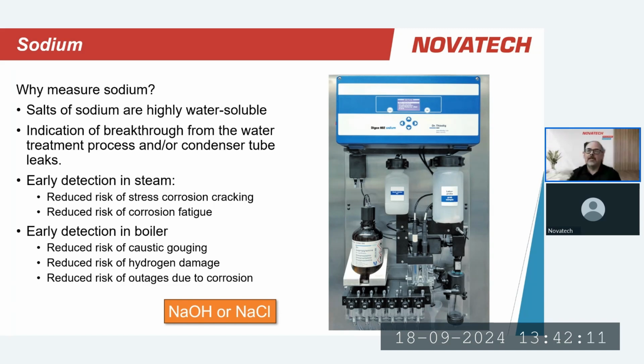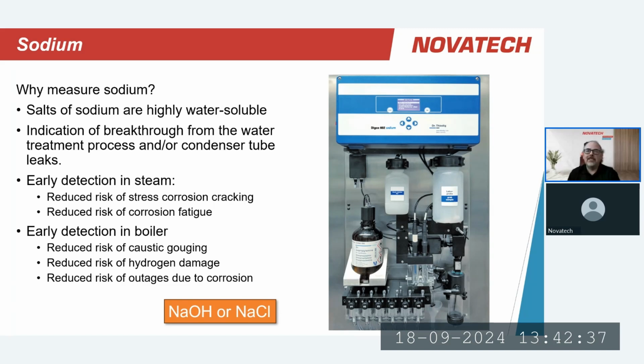The slightest leak will allow sodium to leak in because it is the most water soluble component. So we're pulling it all the time from every possible location. Untreated water will contain significant amounts of sodium, and we'll see that very easily as we pull it into our process if there's any kind of leak.